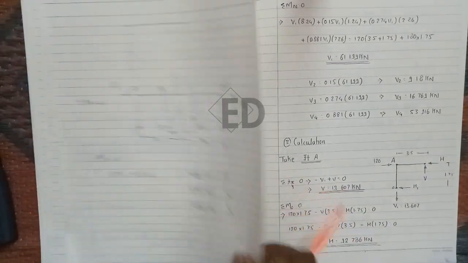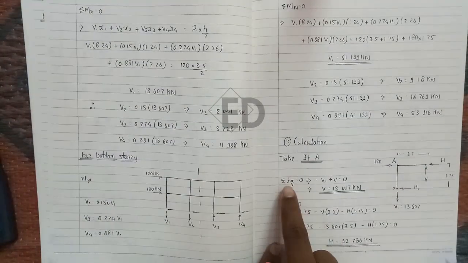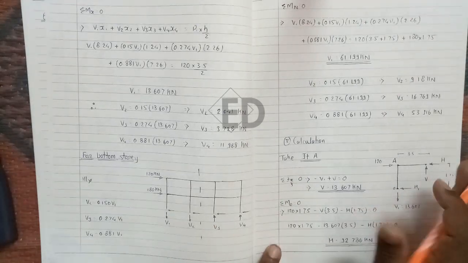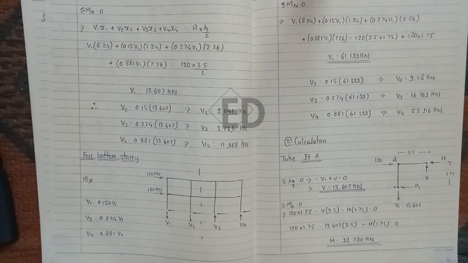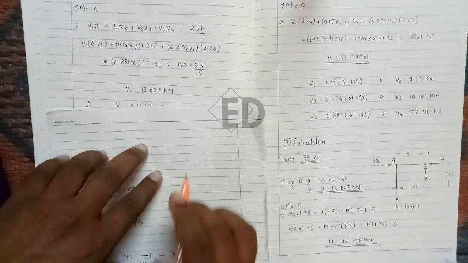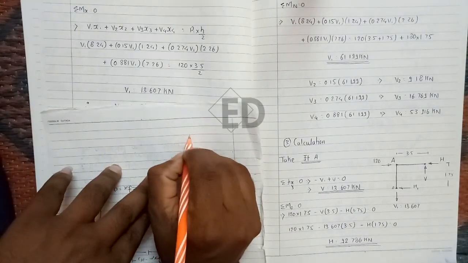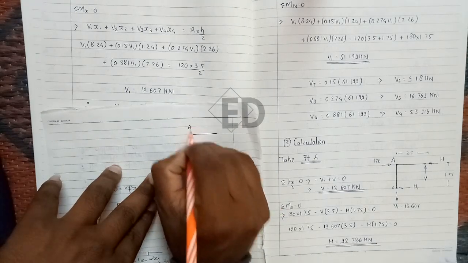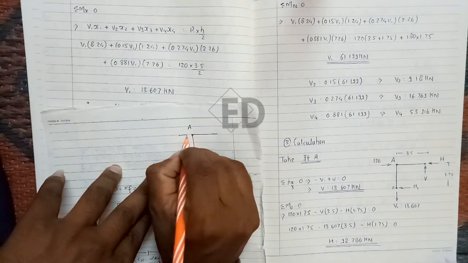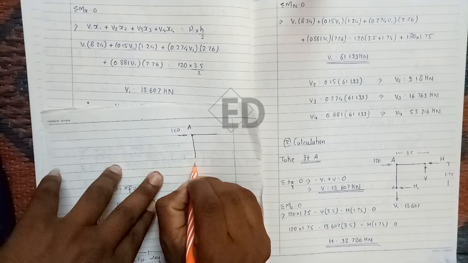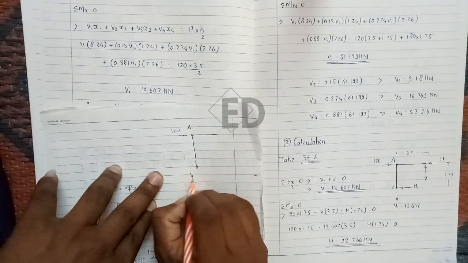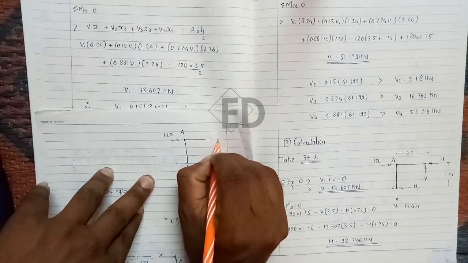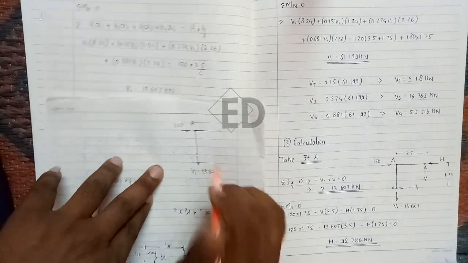So let's see how we do it. Just take summation of Fy equals 0. Initially I have 120. This is the unknown axial force, V1 equals 13.607.